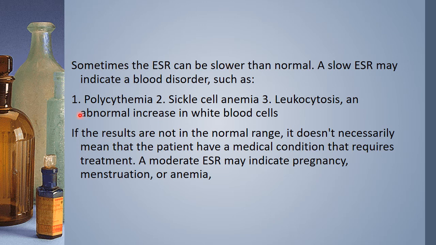Whether it is increased or decreased, whenever there is an abnormal range of the ESR, it does not necessarily mean that the patient has a medical problem, but generally speaking, we have to refer the patient for further investigation or to the physician in order to know the exact cause. Sometimes it is going to indicate pregnancy, menstruation, or anemia also.